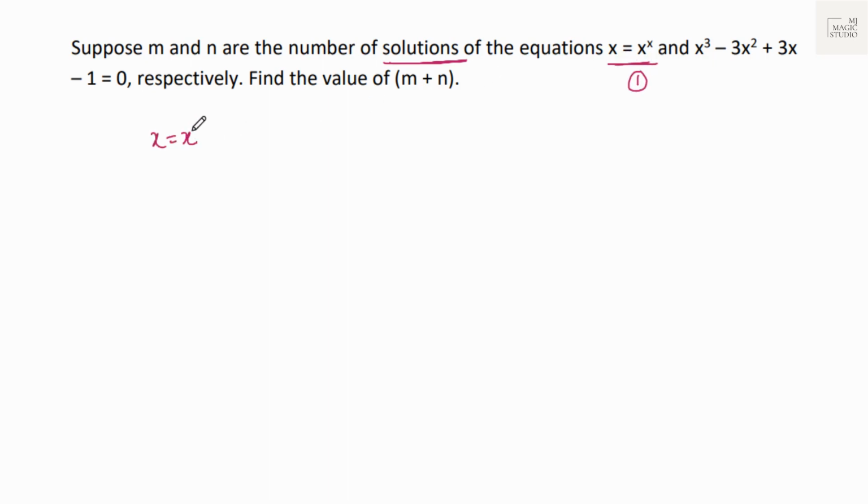x is equal to x to the power x. We can see that this fits for 3 values: when x is 0, when x is 1, and when x is minus 1. So we will have 3 solutions for this.